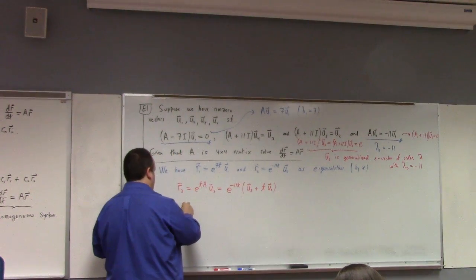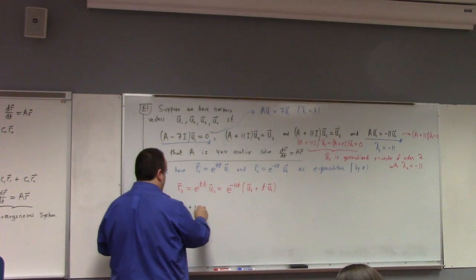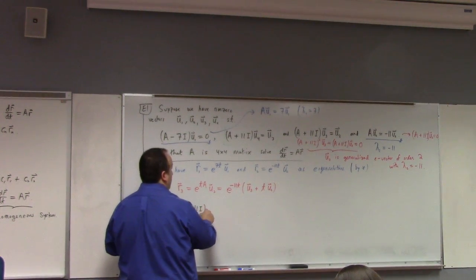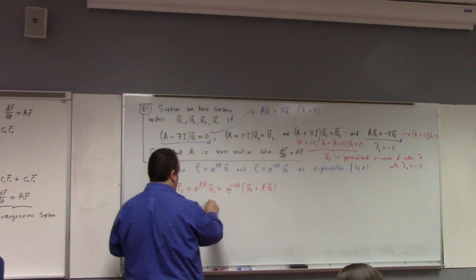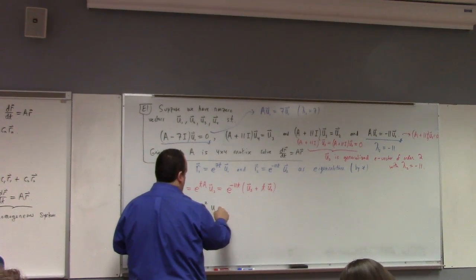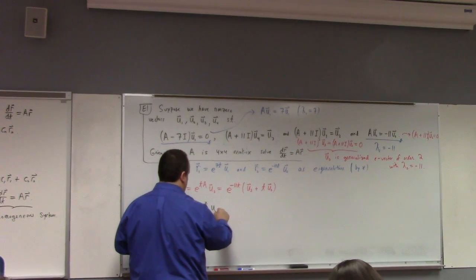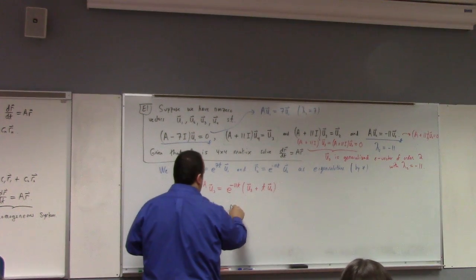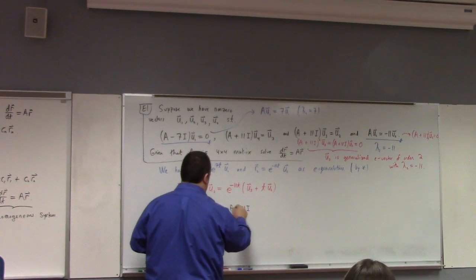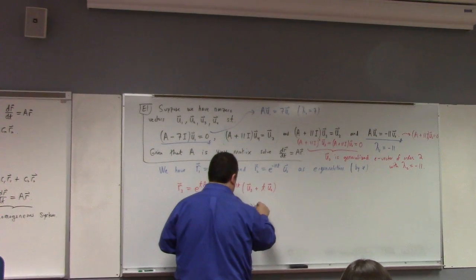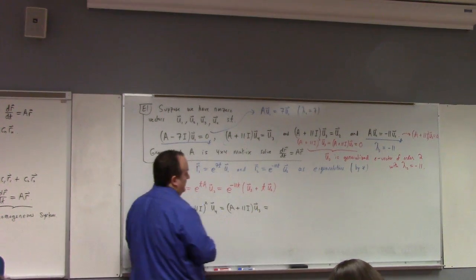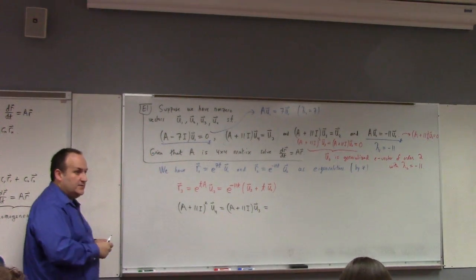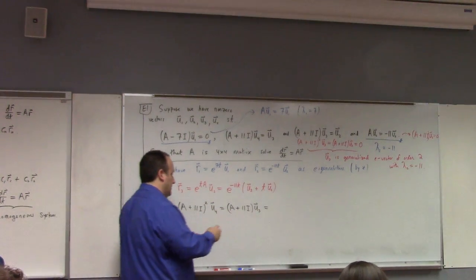So let's try that out down here. I've got (A plus 11I), and let's multiply it by (A plus 11I) again. So (A plus 11I) squared u4 equals (A plus 11I) u3. What happens then? What's (A plus 11I) times u3? We're given that that's equal to u2.